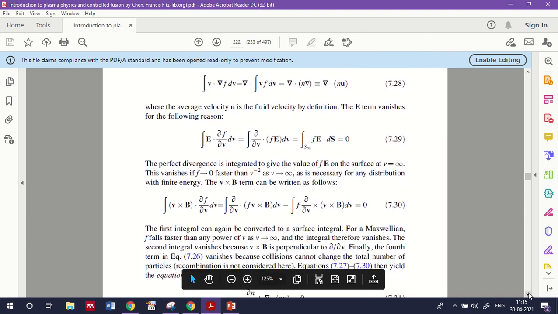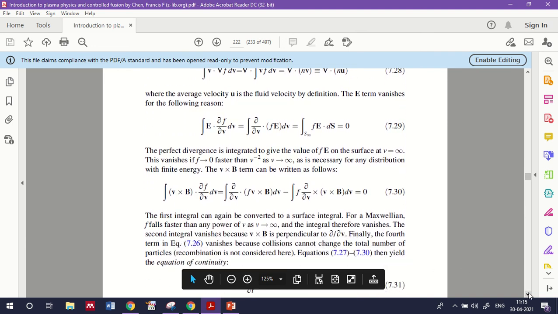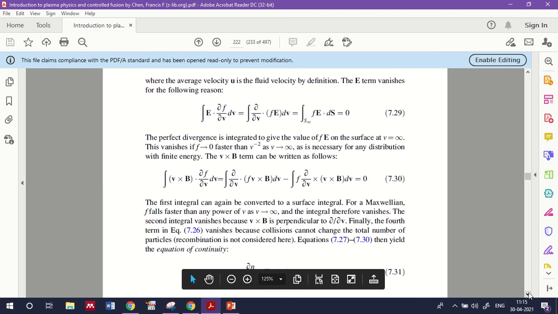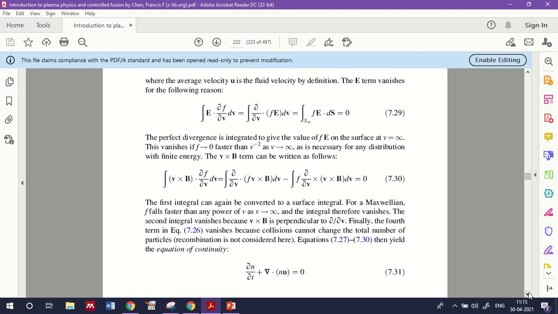The first integral can again be converted into a surface integral for a Maxwellian, which is far faster than any power of v, where v is the velocity. If v is infinity then f tends to 0.